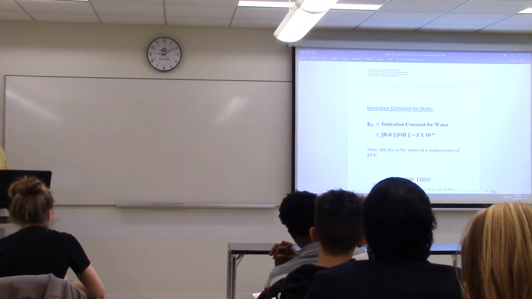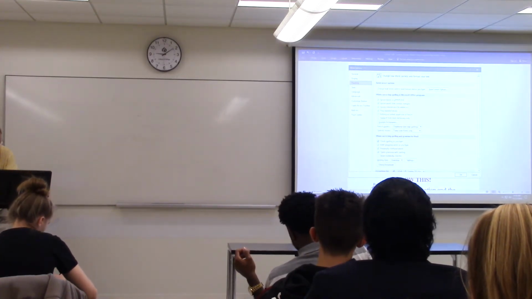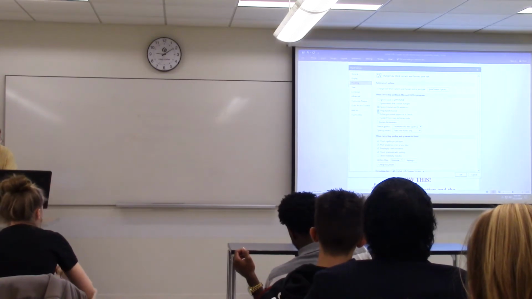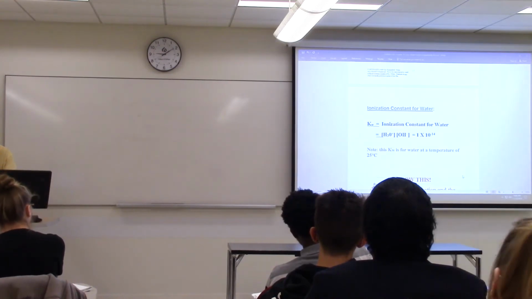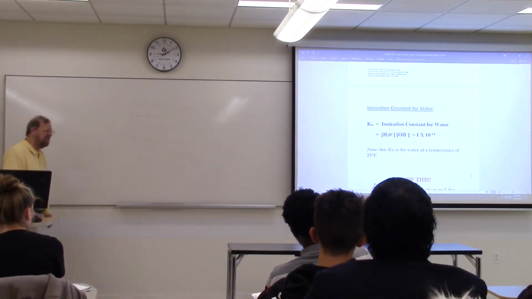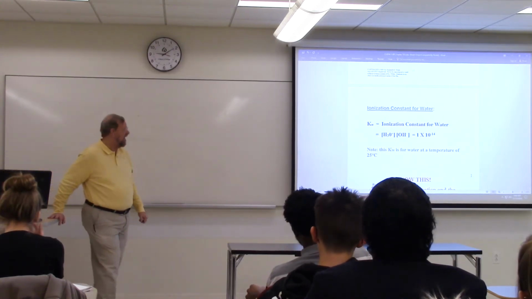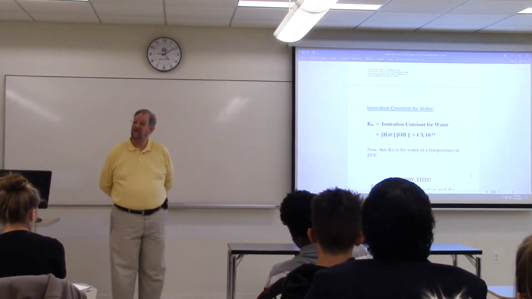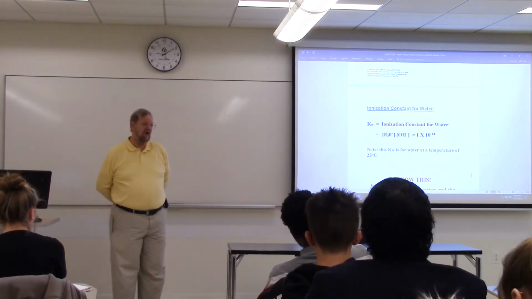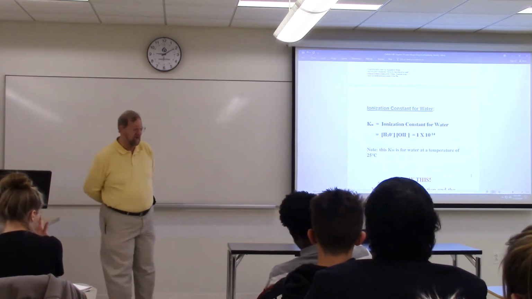Now, when you have an equilibrium, there is a constant, which is based on concentration. For water, the equilibrium constant, K, with a W for water, Kw, was in effect long before I was ever born.